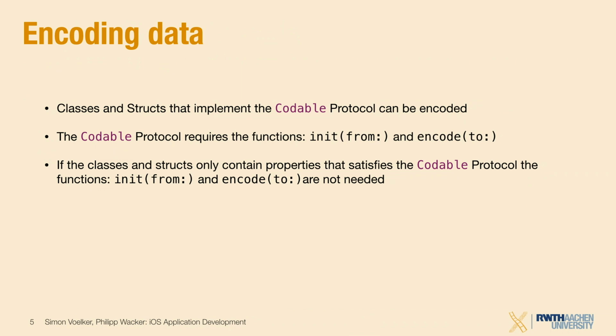So what kind of data can you store in these containers or decoders? Basically, you can store everything that follows the Codable protocol. The protocol basically consists of two functions, the init from and the encode to function, where you define how data should be stored.